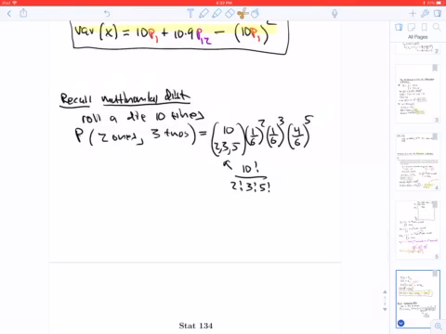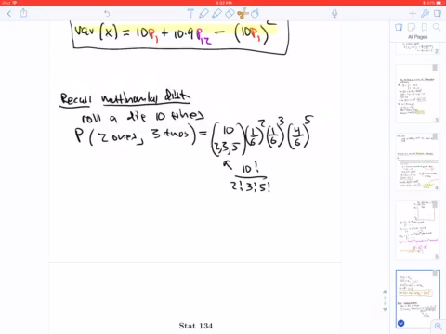So then we are going to do a concept test, but to warm up to that, let's recall the multinomial distribution. If you roll a die 10 times, the probability that you get 2 1s and 3 2s is 10 choose 2, 3, 5. So 5 here is referring to other, not 1, not 2, but the other possibilities like 3s, 4s, 5s, and 6s.